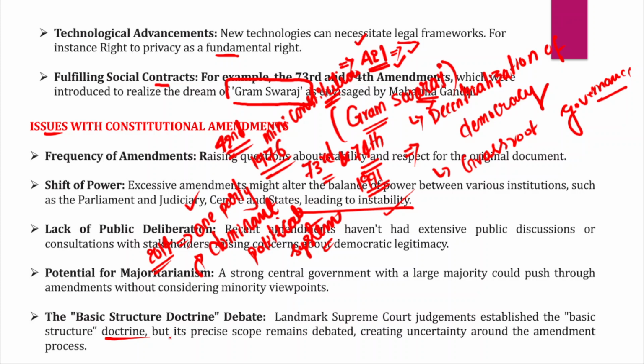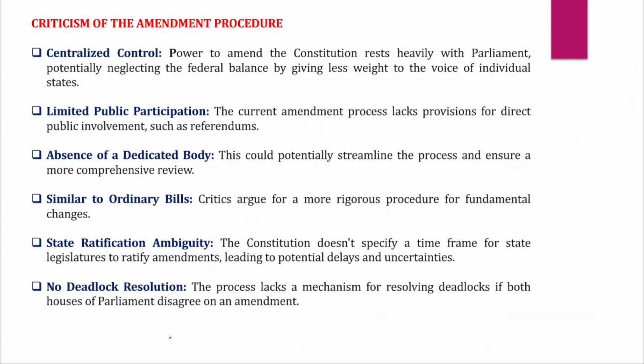So it imposes restrictions, it imposes limitations on the amendment power of the Parliament of the Indian Constitution. So there is a huge uncertainty with respect to the amendment process, because we don't know, apart from the already provided provisions of the basic structure doctrine, the Supreme Court has also been evolving new features of the basic structure doctrine over a period of time.